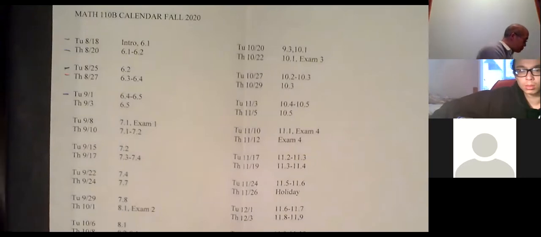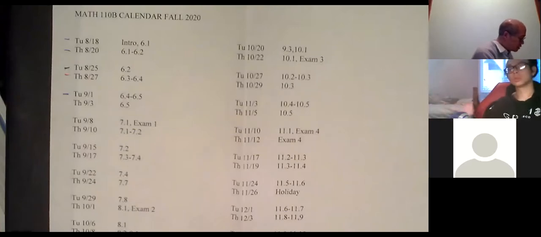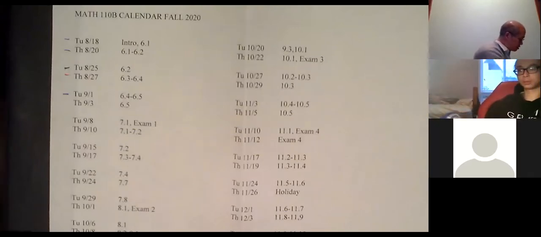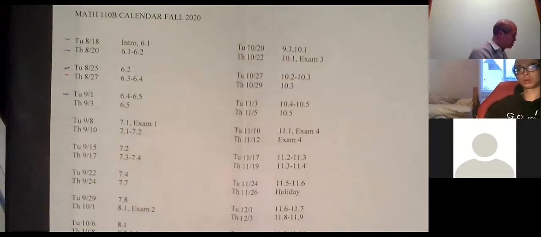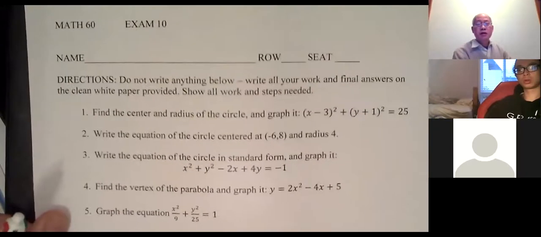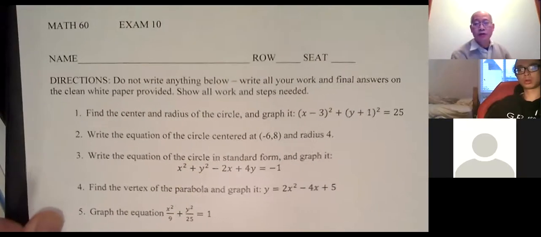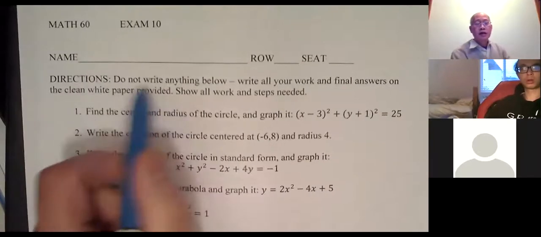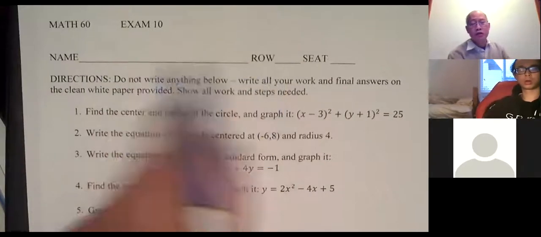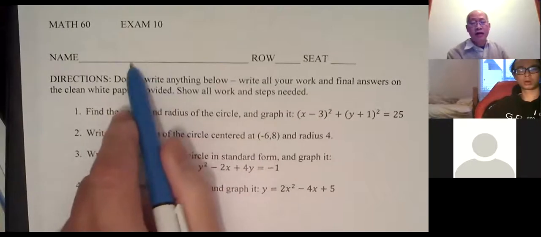In fact, maybe I can even show you an example. Let me see if I can find something. No, maybe not. Oh, well. Yeah, this works. It looks something like this. This obviously doesn't apply to us. Of course, I'm not going to show you our actual test. It says name, row, and seat. Ignore that. That was if we had met on campus.